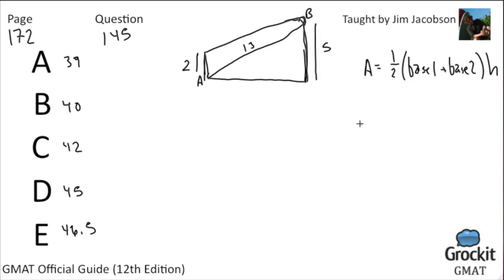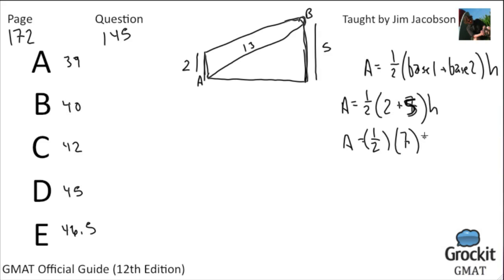And so in terms of the stuff that we know so far, that equals 1/2 base 1, we'll call 2, base 2 we'll call, jumping ahead, 5, times h. So the area is going to be 1/2 of 7 times whatever the height is. And the height here is going to be this distance, the bottom of what ends up being a triangle within the trapezoid.